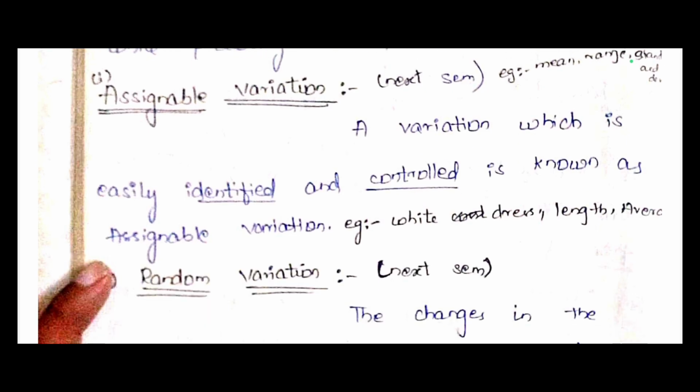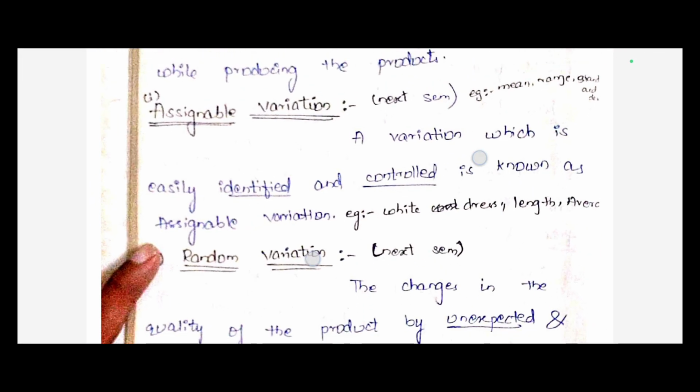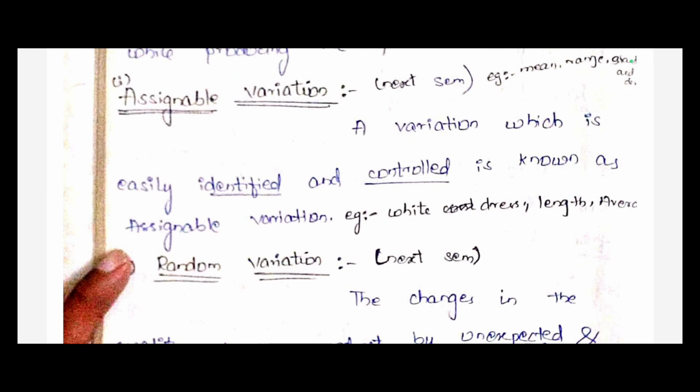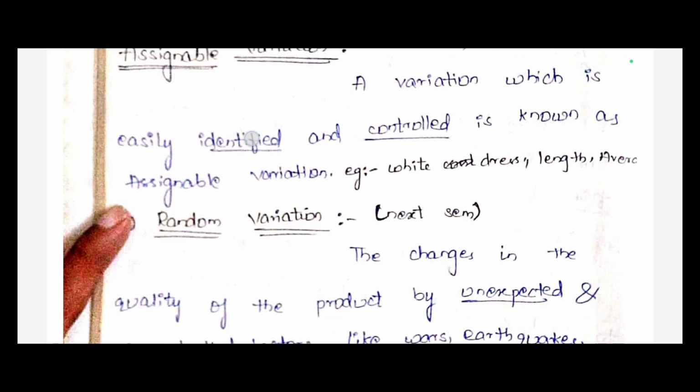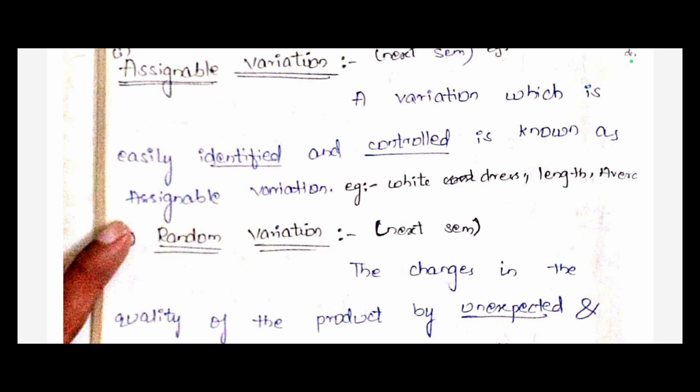So, in calculating the SQC mean chart, range chart and standard deviation chart, we may use these variations. We can see examples like length of the product and average.